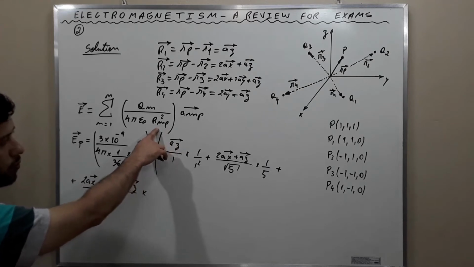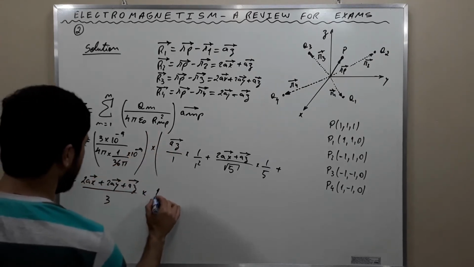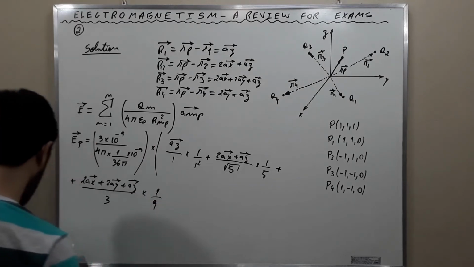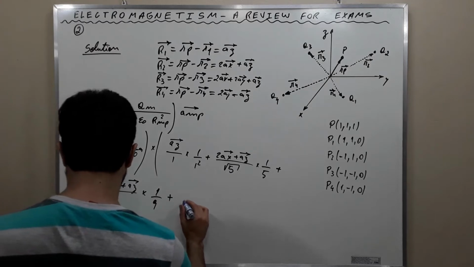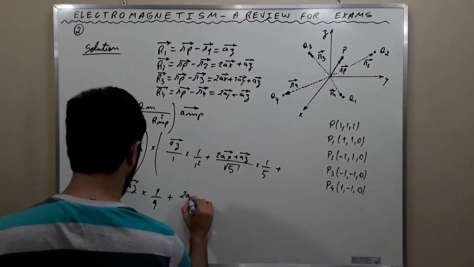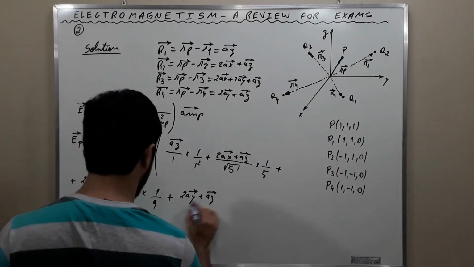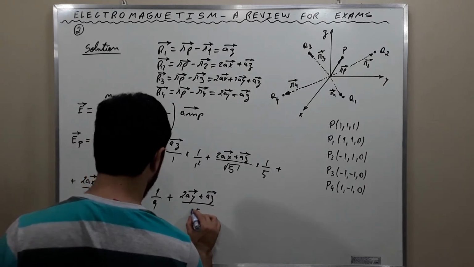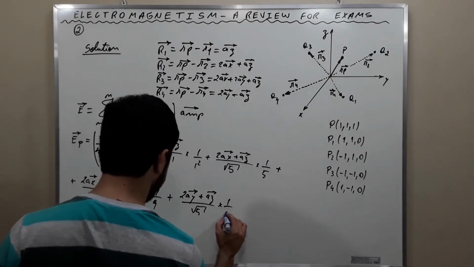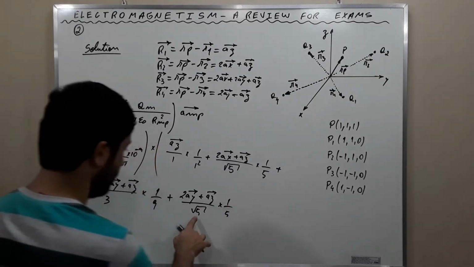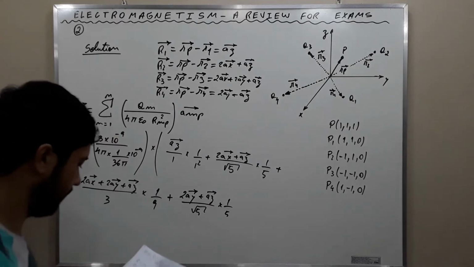And we have to multiply by the square of the magnitude of the vector, which is 1 over 9. And for R4, it's going to be 2ay plus az divided by the square root of 5 times 1 over the square root of 5. Now, the square root of 5 squared is 5.